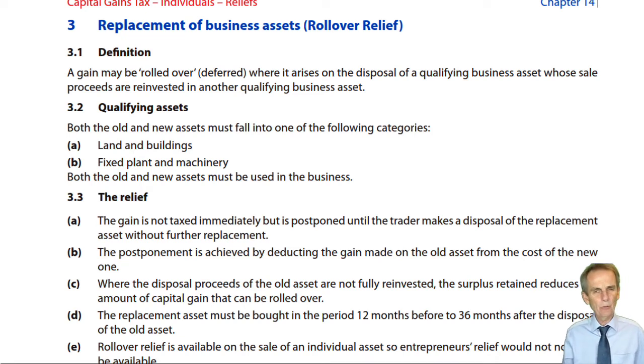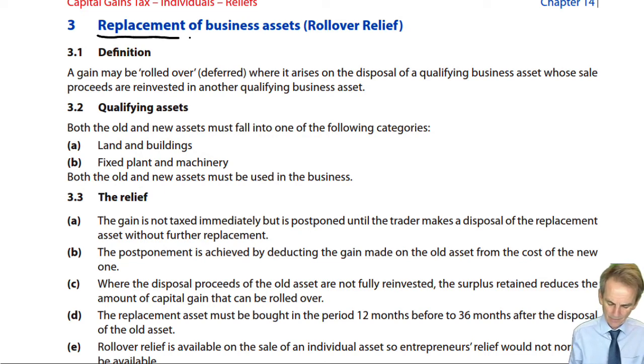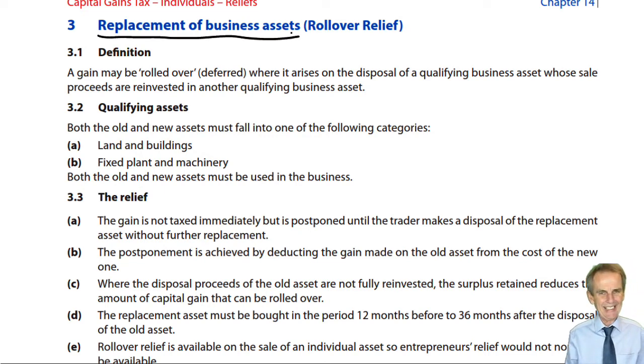But here the relief that we're talking about, the first of the 2 deferral reliefs, deals with the replacement of business assets. Now, the most likely business asset to be replaced, that is at least a chargeable asset and will be a qualifying business asset for purposes of this relief, is a property.